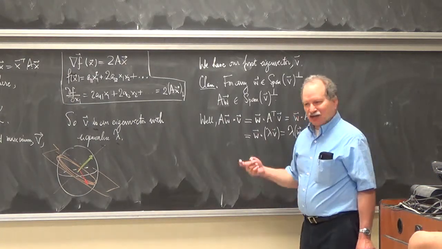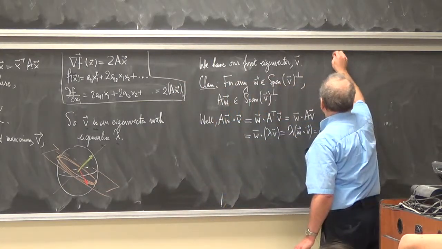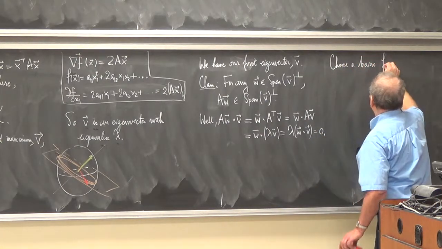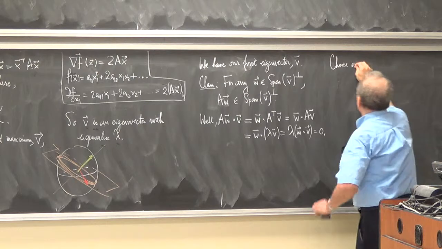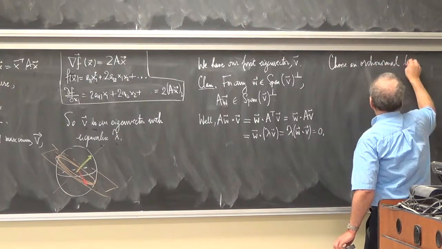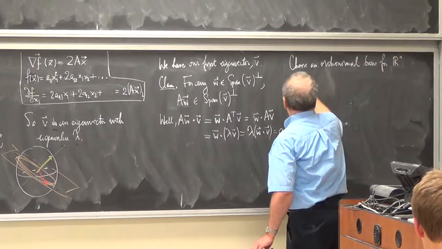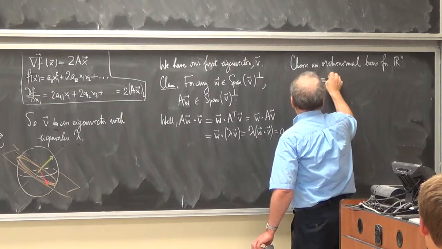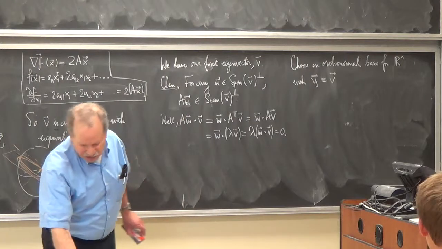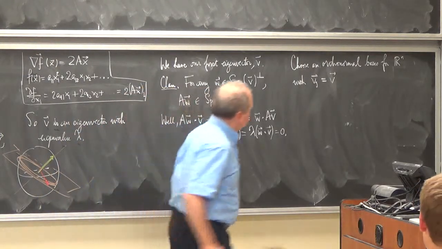So here's where the induction goes, right? That's going to be this picture. So we say, choose a basis, and let's make it be an orthonormal basis for Rn with the first vector equal to V, and then just complete it to a basis any way you want, just so long as it's orthonormal.